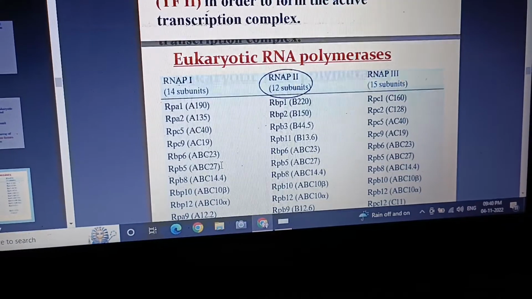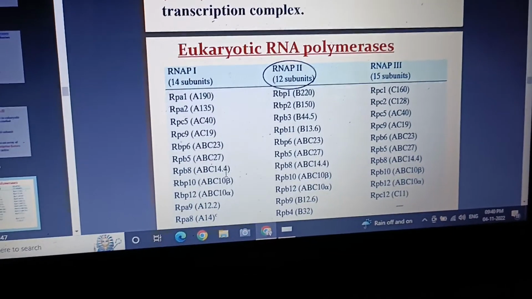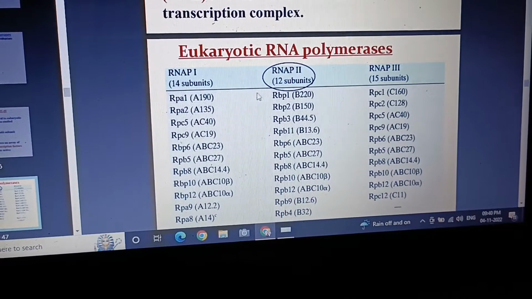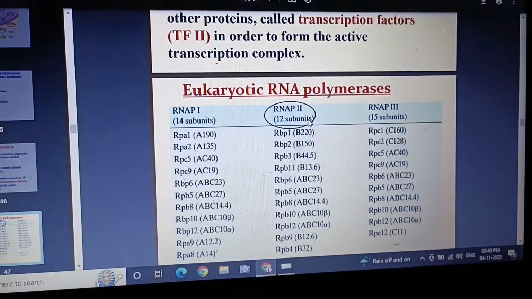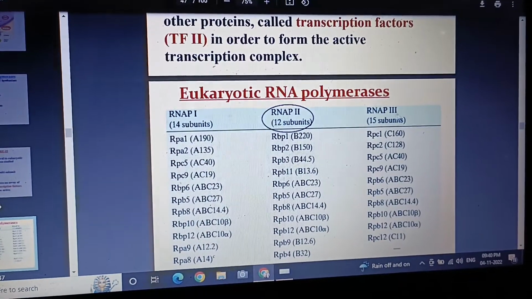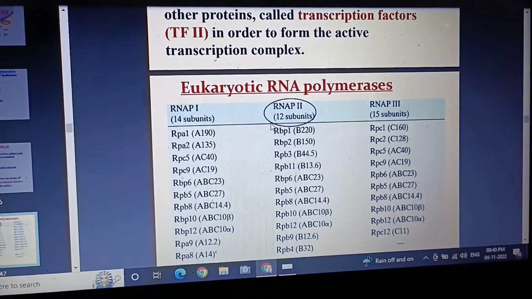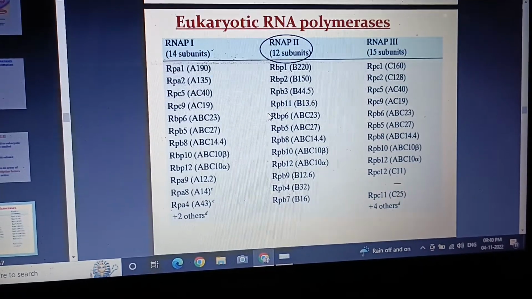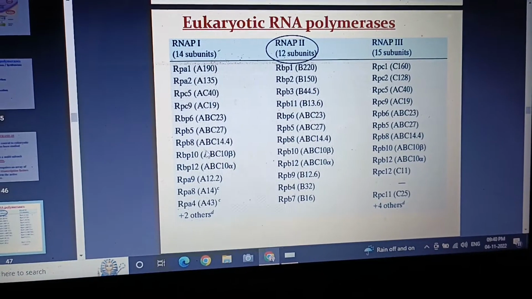Eukaryotic RNA polymerases. RNA polymerase 1, 14 subunits; RNA polymerase 2, 12 subunits; and RNA polymerase 3, 50 subunits. Okay. So these are the subunits.